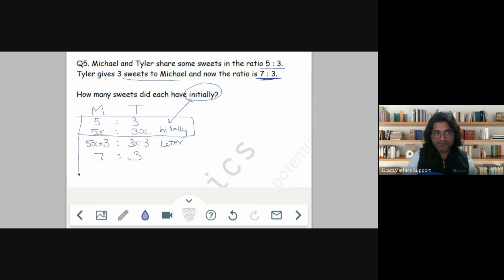But 5x plus 3 and 3x minus 3 later is equivalent to this ratio, 7:3. So this will be in this box. And how do I solve it? I just make them a fraction and equate. Same method. The only difference in this question is that one person gave to another person. So both values changed. Tyler's value decreased, Michael's value increased.